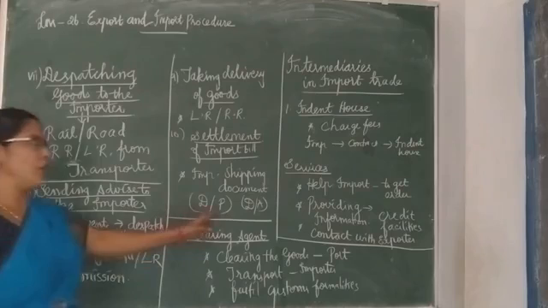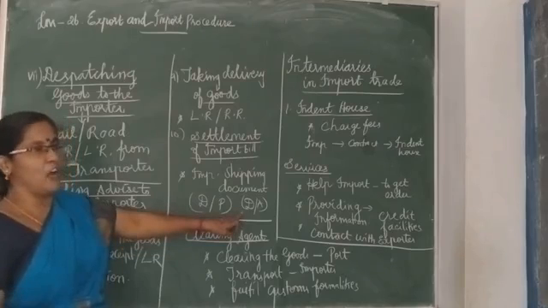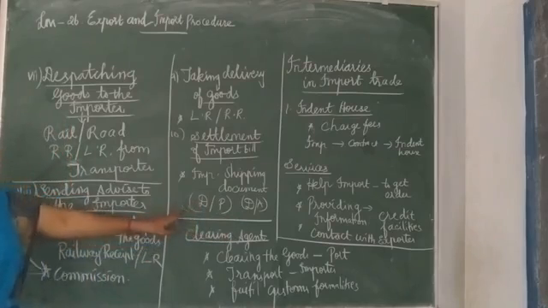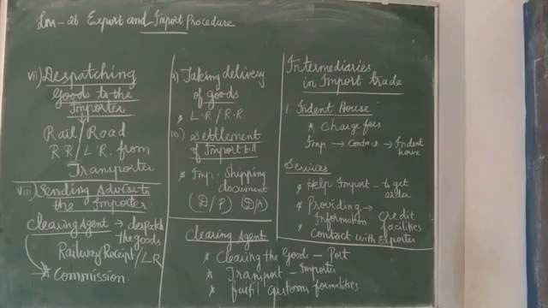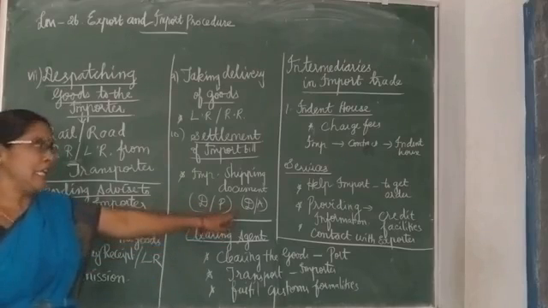Whether he settles the bill in document against payment or document against acceptance, he is going to produce the bill of exchange. We have already seen this in the export itself.